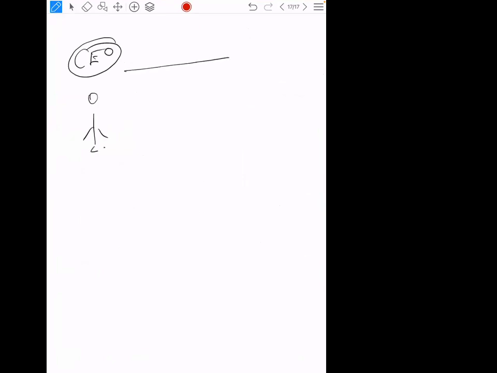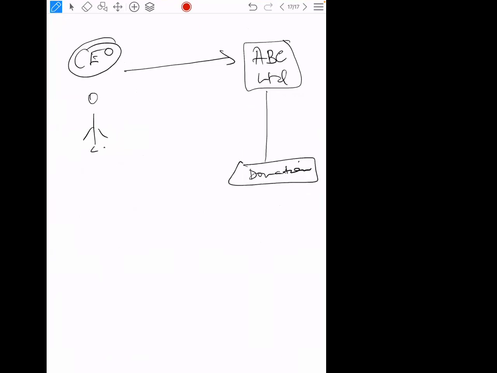This person gives an instruction to a company, ABC Limited, instructing ABC Limited to make a donation of, say, 1 million, to another company, as long as they are not in the same group, otherwise it would be exempt, or to a natural person, etc.